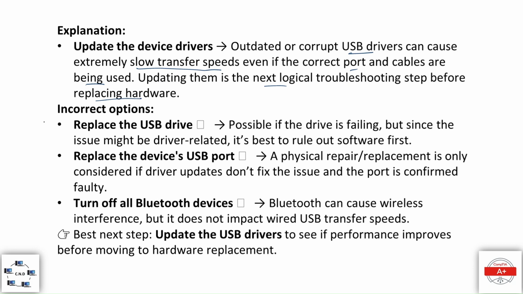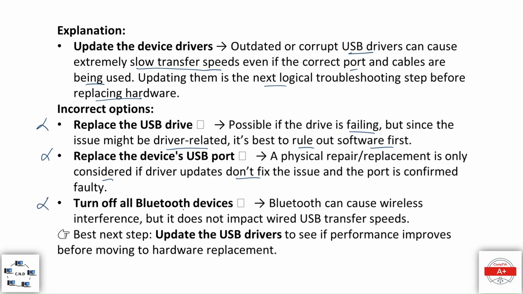The incorrect options: replace the USB drive. It is possible if the drive is failing, but since it might be driver related, it's best to rule out software first. Replace the device's USB port: a physical repair or replacement is only considered if driver updates do not fix the issue and the port is confirmed faulty.